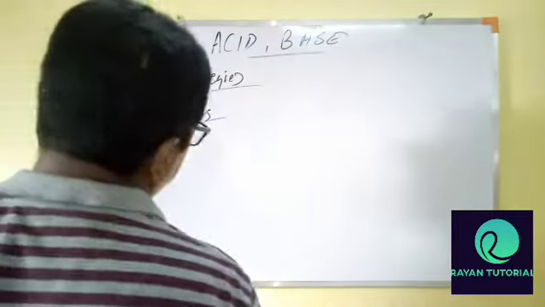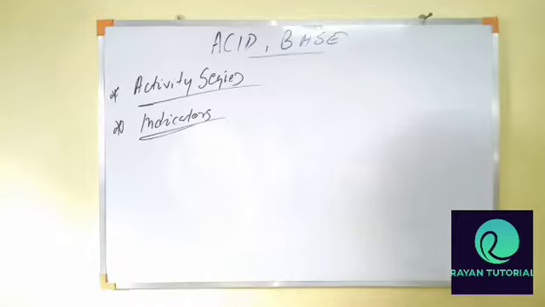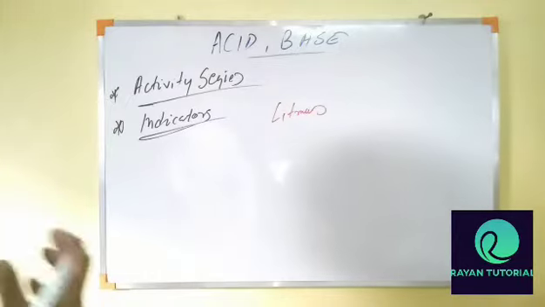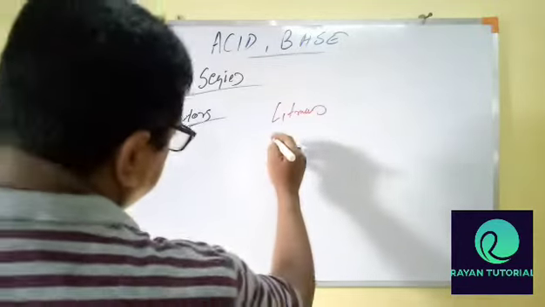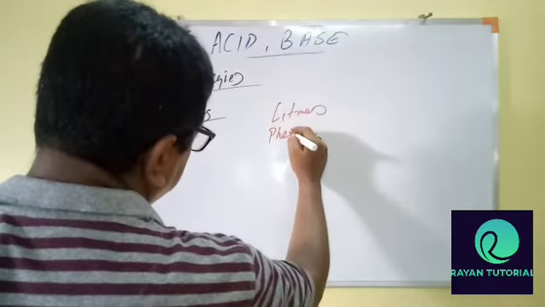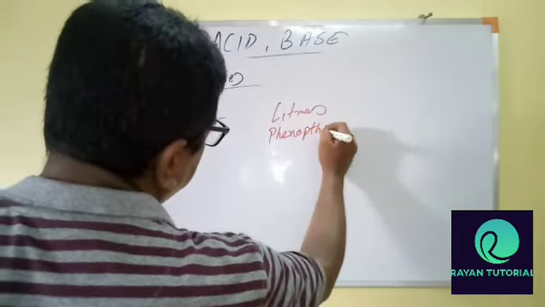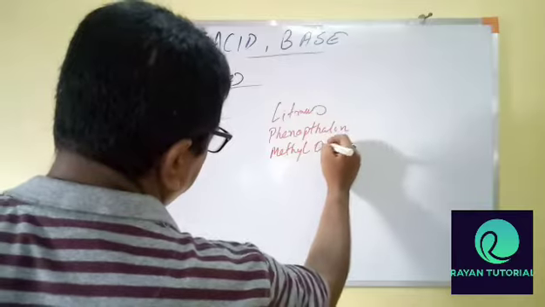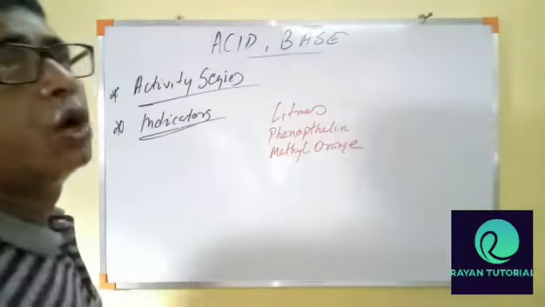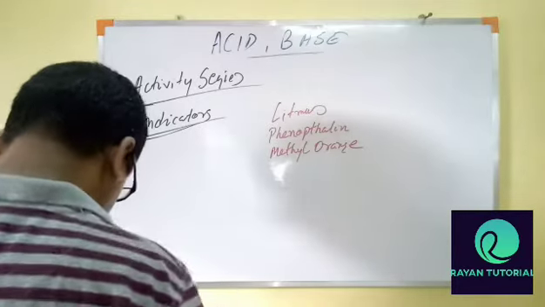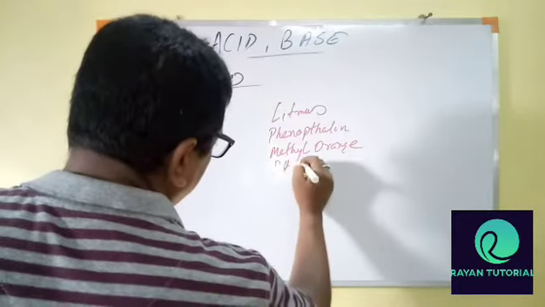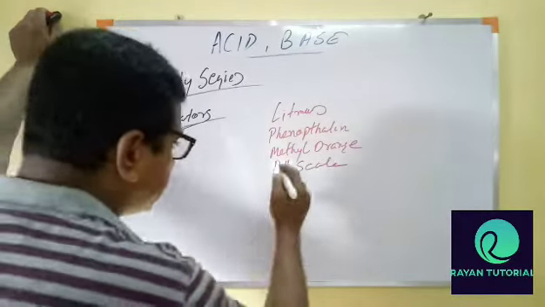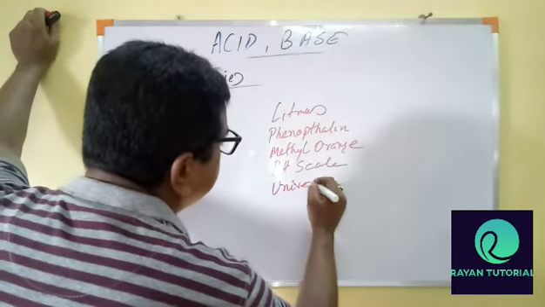So the main indicators we get are litmus, phenolphthalein, methyl orange, pH scale, and universal indicator.